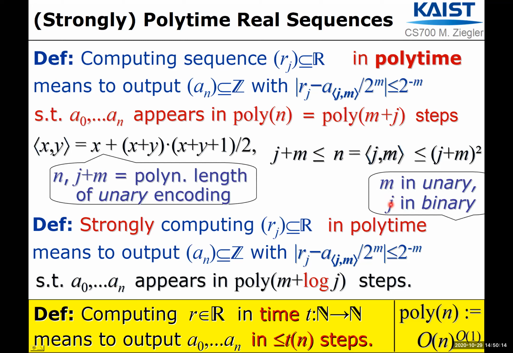But now the sequence index is encoded in binary, because then the logarithm of that index corresponds to the binary length of that parameter. So that's another way of looking at the difference between the two notions, measuring the running time in terms of length: in one case, the precision parameter and the sequence index in unary, and in the other case, the precision parameter in unary plus the sequence index in binary.